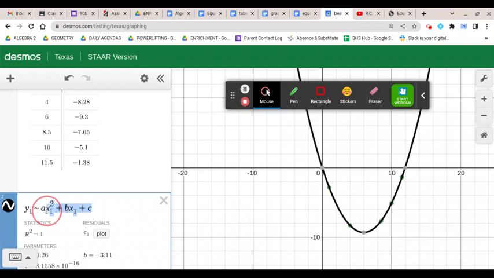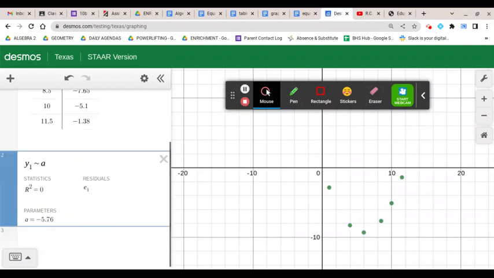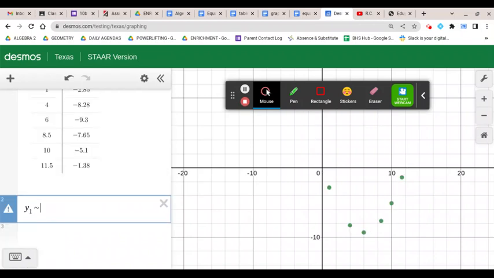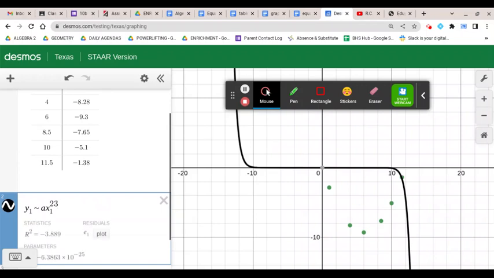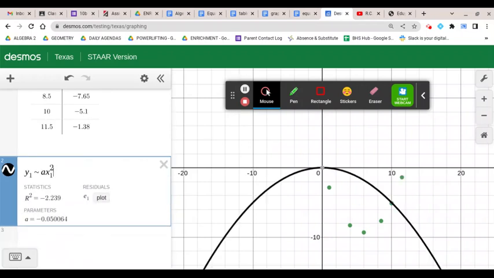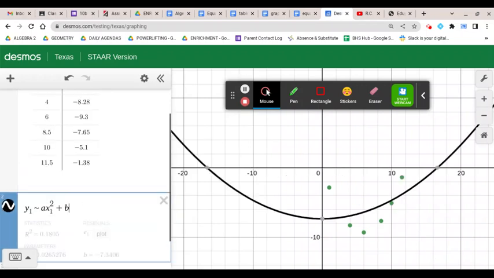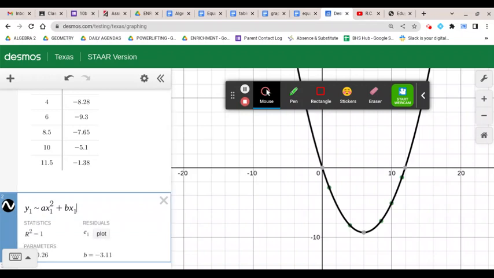Let me retype this again so you guys can follow along here. Okay, so y1, don't do the squared before you do the x1. Just so we have ax1 squared plus bx1 plus c.